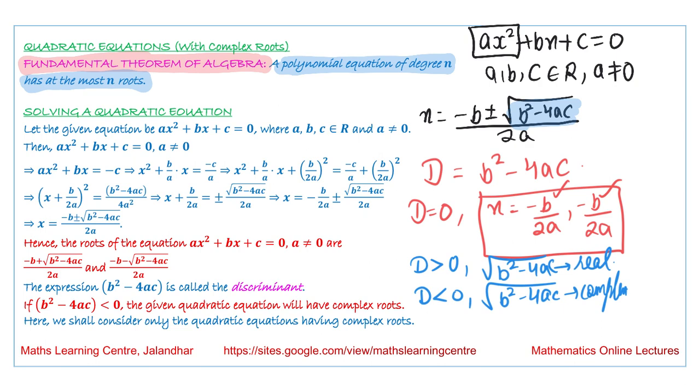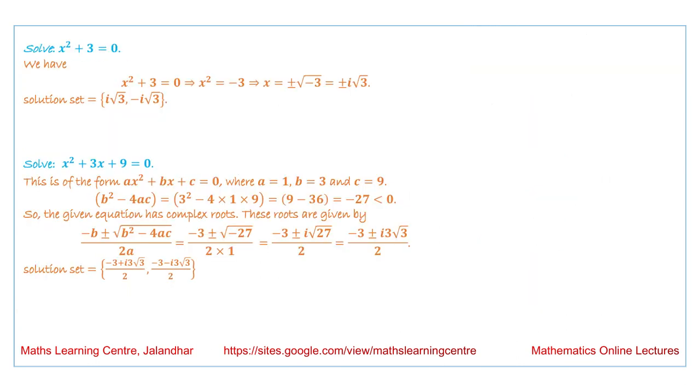So if b square minus 4ac is less than 0, then the given quadratic equation will have complex roots. So in this lecture we will discuss the examples of some quadratic equations with complex roots.